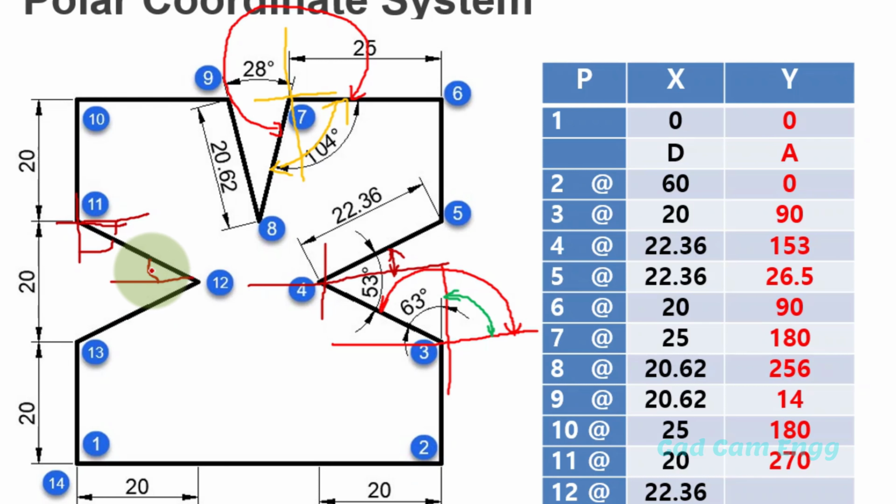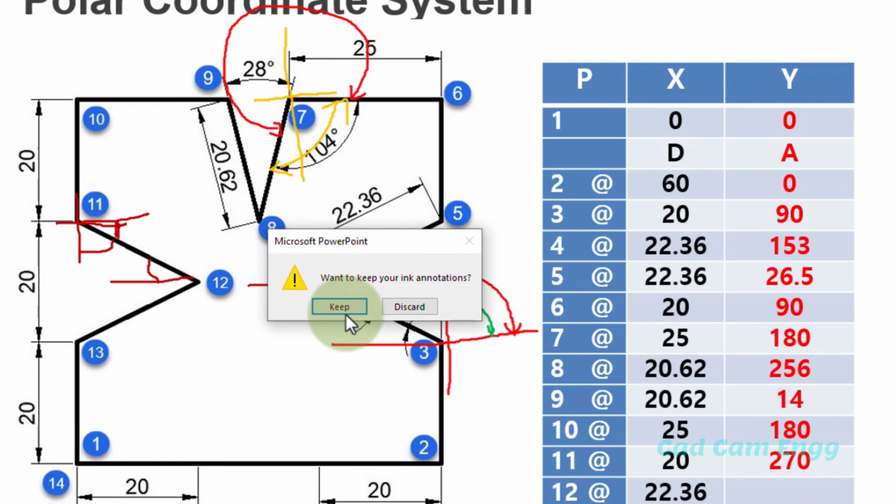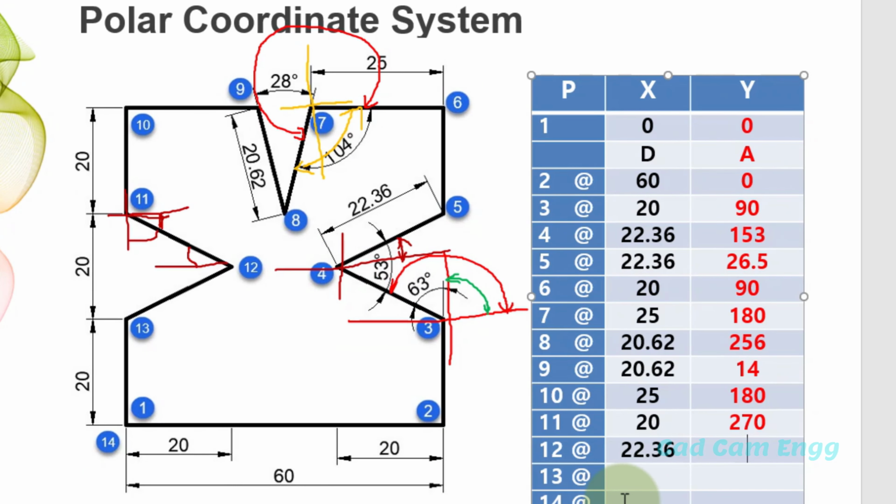So we know 26.5, so it means here also 26.5. Okay, so 360 minus 26.5, we get that value. So our answer is 333.5.